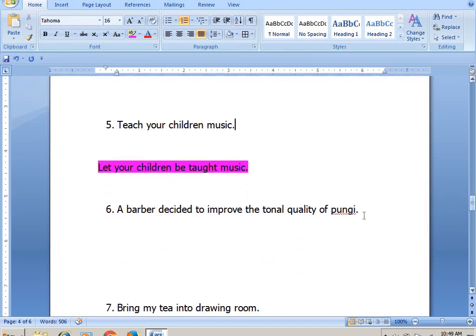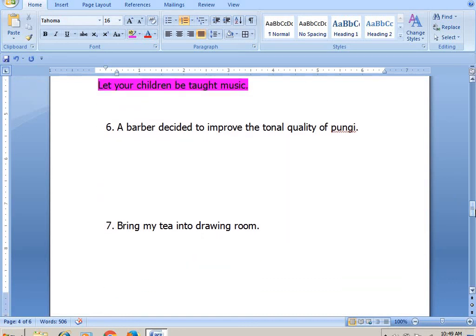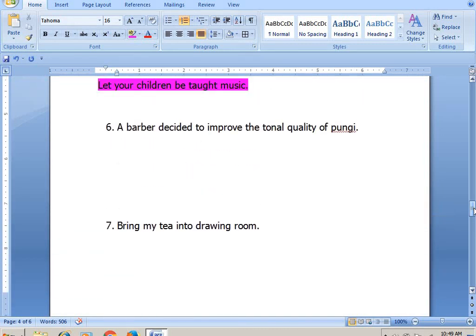Now, look at this. Number 6: A barber decided to improve the tonal quality of pungi. Number 7: Bring my tea into the drawing room. And the 8th: He blew out the candle. These 3 sentences I am giving to you for homework. I want you to write on your own using the formula that we have seen about subject, predicate and object, or subject, verb and object.